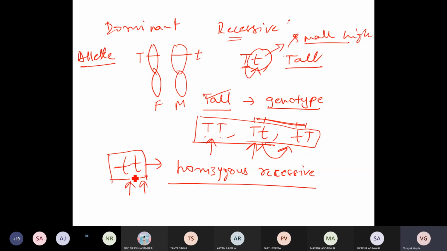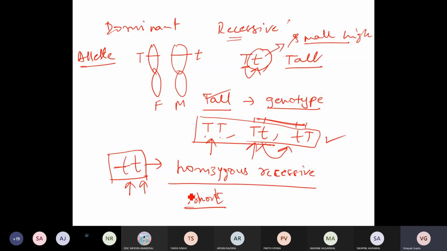In that case, if the genotype of a person is small t, small t, that means the person is going to be short, small height. So you see the difference here. If a person has to be tall, there are three different possibilities: capital T, capital T, or capital T, small t, or small t, capital T. The person is going to be tall here.